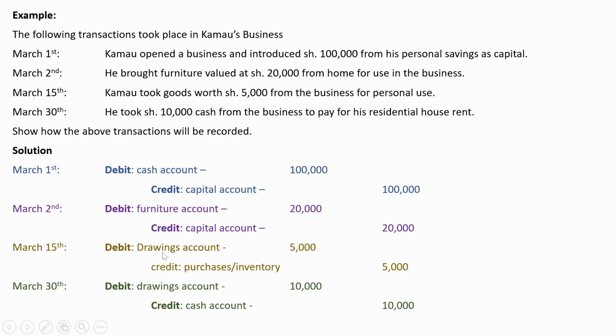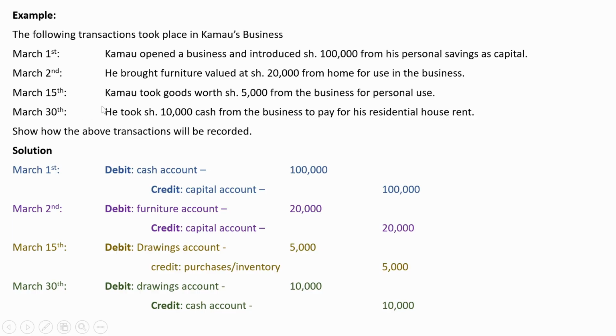Anytime the owner withdraws cash or goods, we are supposed to debit drawings account. So we debit drawings account, and then we credit the asset that has reduced. So in this case, the asset is goods. Once we buy goods, we normally debit purchases account, or some people maintain an inventory account. So because you have reduced your purchases, you are crediting purchases account with 5,000.